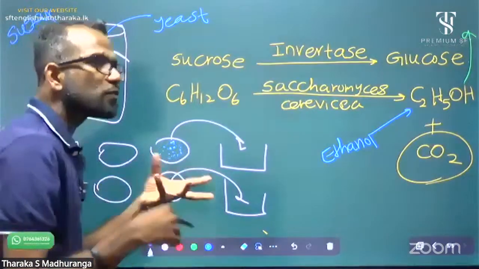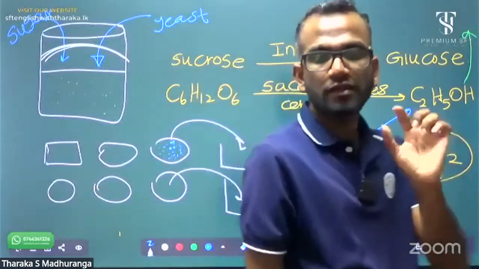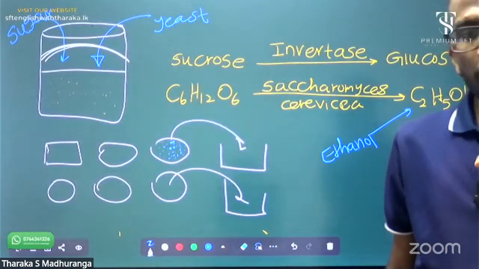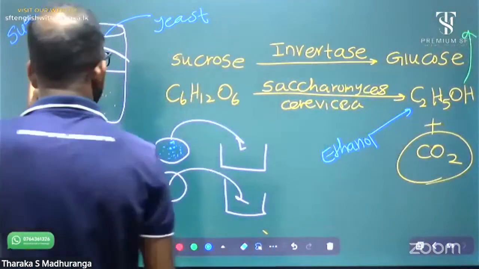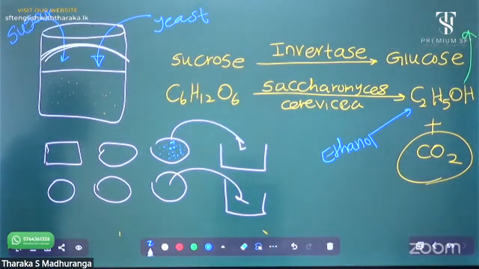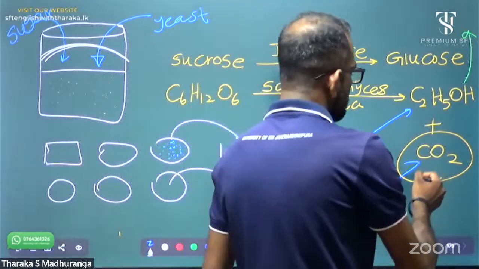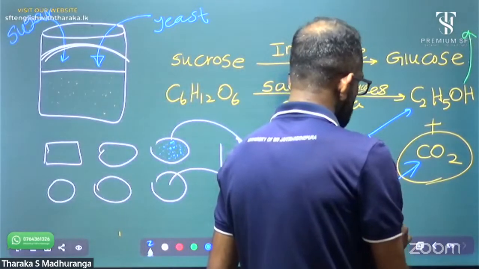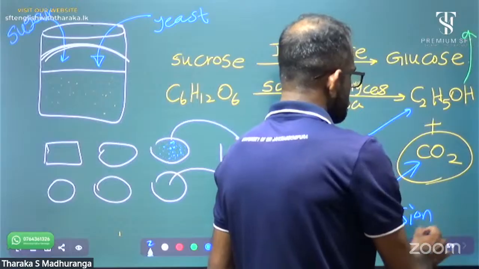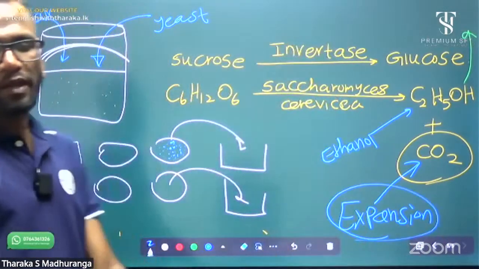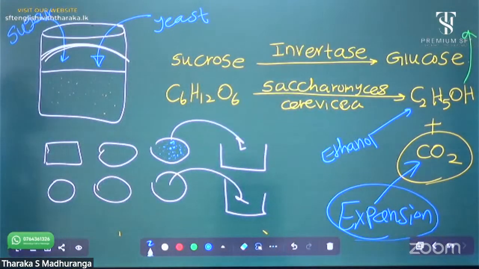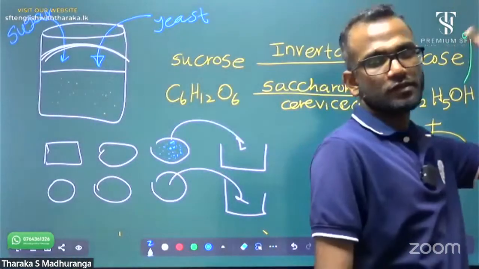As a result, the soft texture of the bread is forming due to this carbon dioxide expansion. Ethanol, what happened? It evaporates in the heating process.